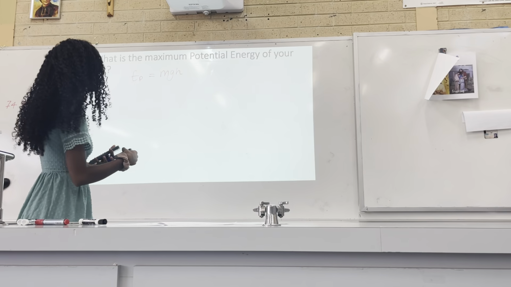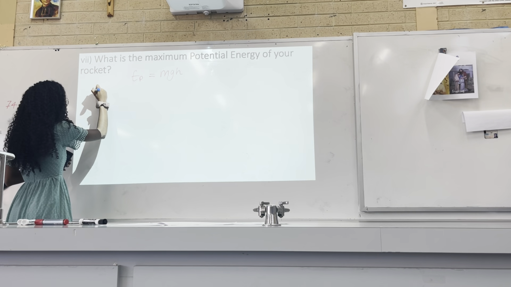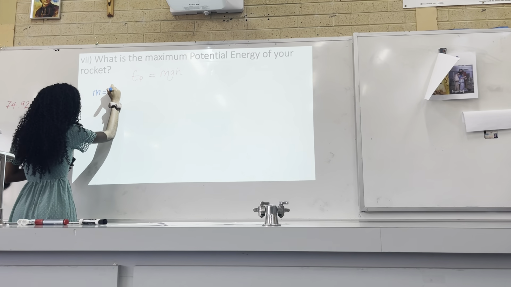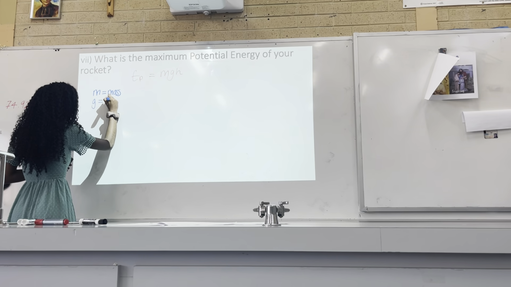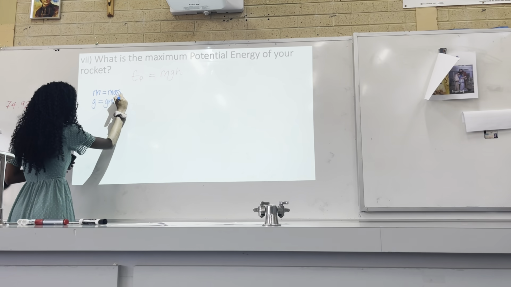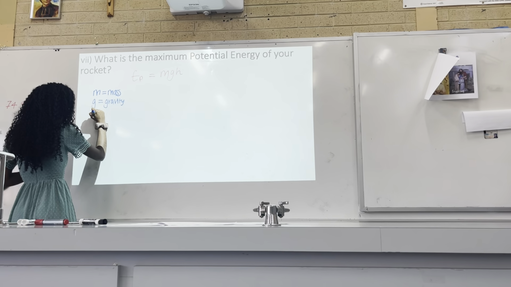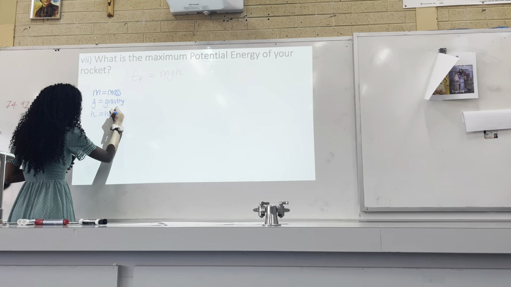All right, so we say that m is equal to the mass, g is equal to gravity, acceleration due to gravity, and h is equal to height.